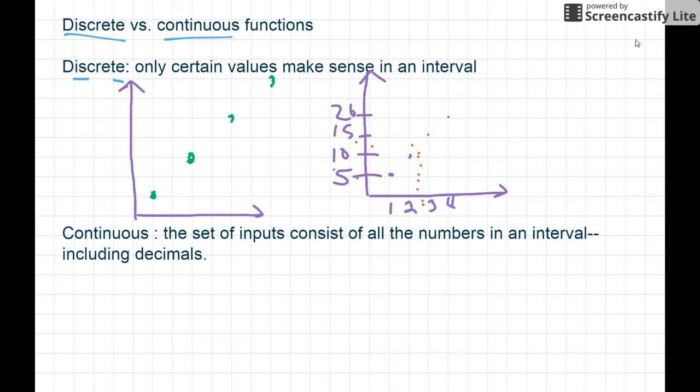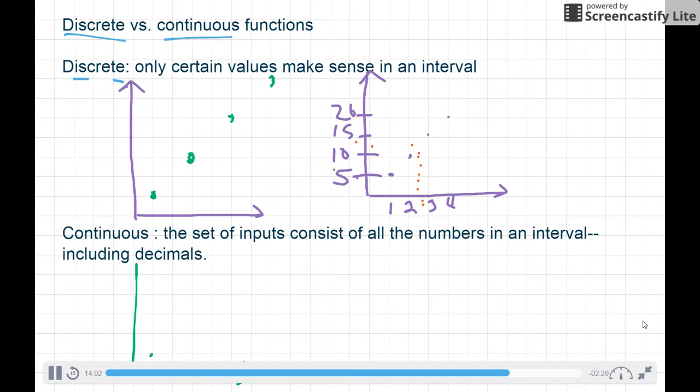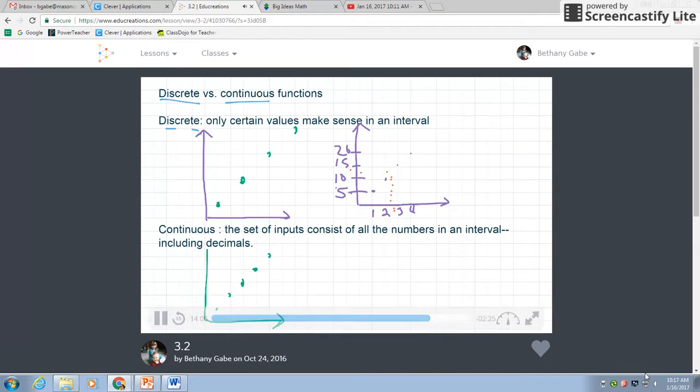Continuous, then, is obviously the opposite. So continuous function just means that you may, again, still have these same dots, but they are connected. And what that's saying is it's not just including the dots, it's including everything else in between.